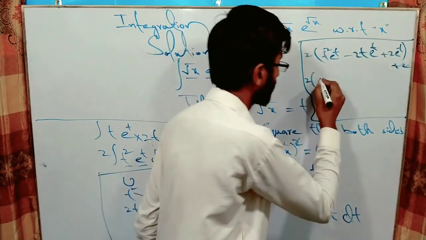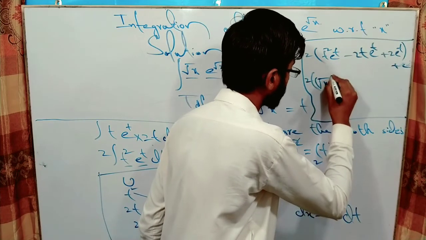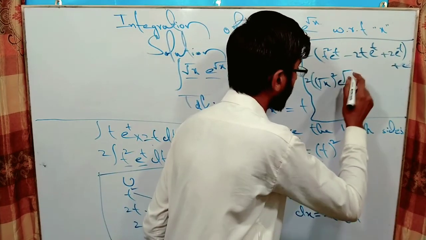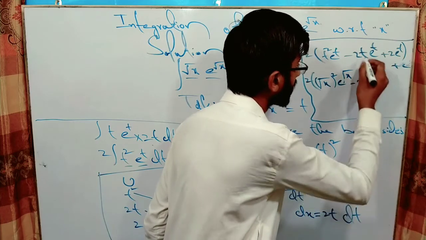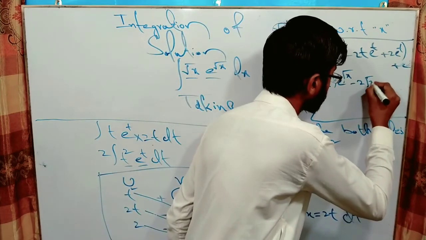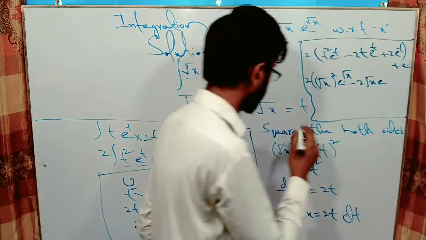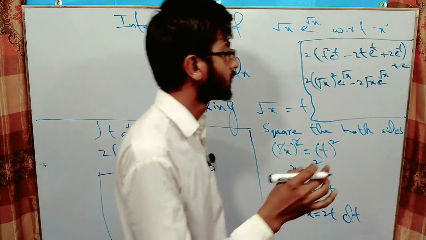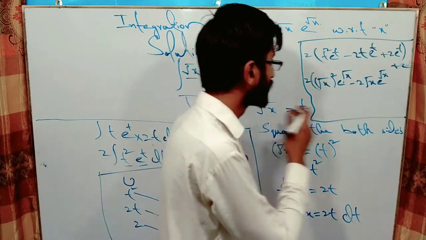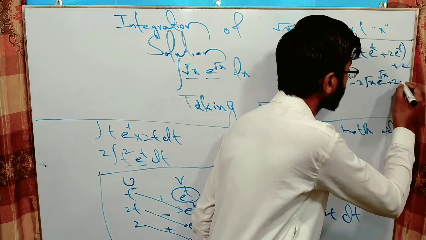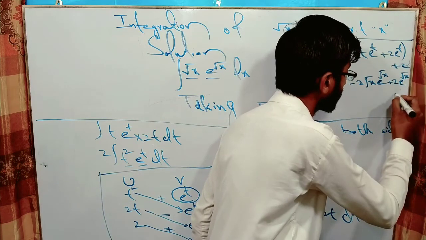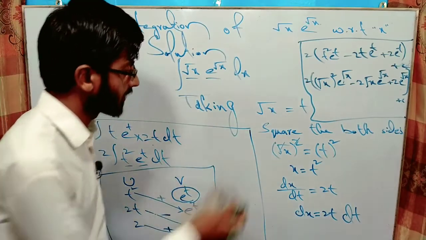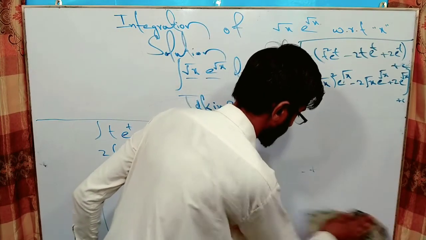We put t squared e to the power under root x, minus 2 times under root x e to the power under root x, plus 2 e to the power under root x, plus c.